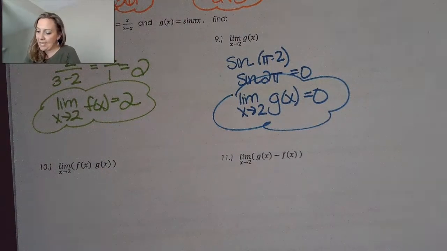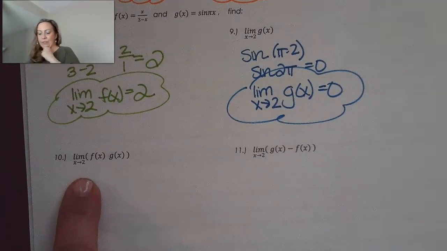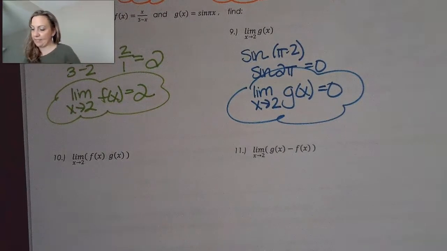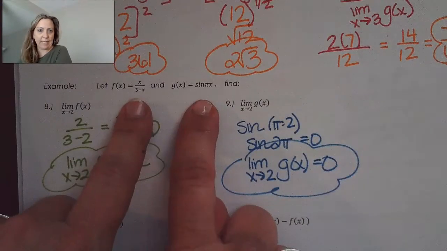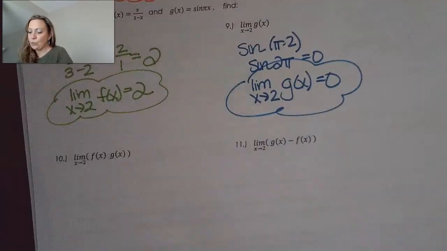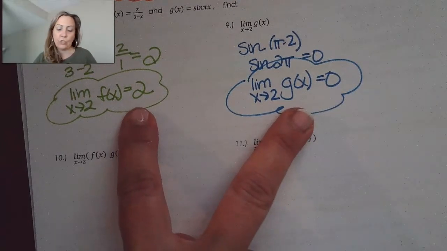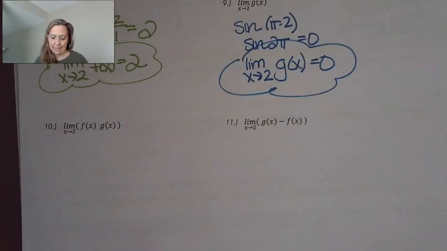Well, now in number 10, we can find the limit as x goes to 2 of f of x times g of x. Well, do you really want to multiply these together? I don't. Since we know the two limits as x goes to 2, let's use the properties of limits here.